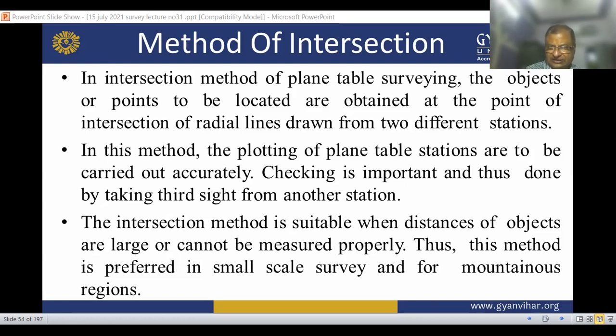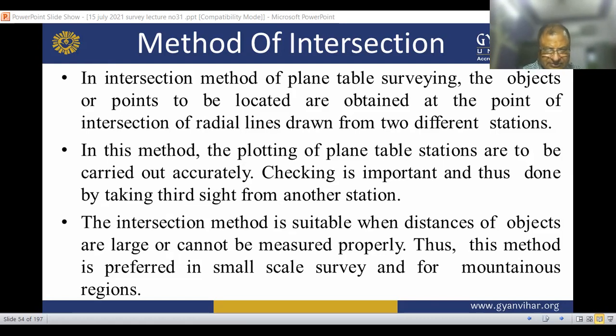In this method, the plotting of the plane table stations has to be carried out accurately. Checking is important, and thus a third side is taken from another station.